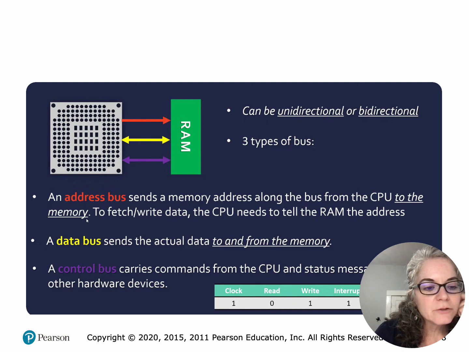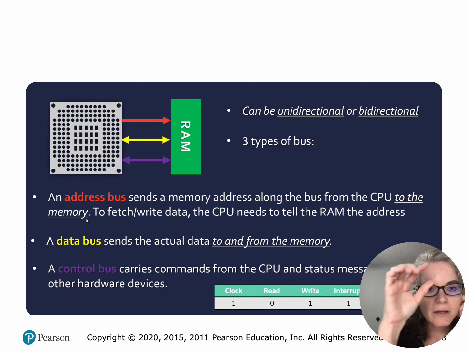And then we have the control bus, and what the control bus does is it carries commands. By the way, for the address bus and the data bus, if you have a 32-bit processor, then it transfers the addresses and the data 32 bits at a time. That's how many it can transfer at a time.